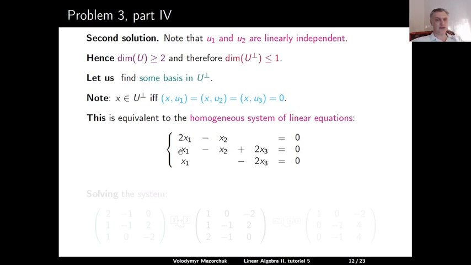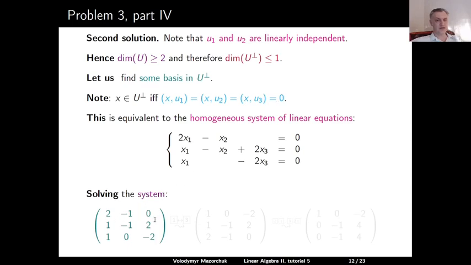So the second equation, x1 minus x2 plus 2x3 is equal to 0, says that the scalar product between x and u2 is 0. And the vector u3 was (1, 0, -2). So the third equation, x1 minus 2x3 is equal to 0, tells us that the scalar product between x and u3 is 0.